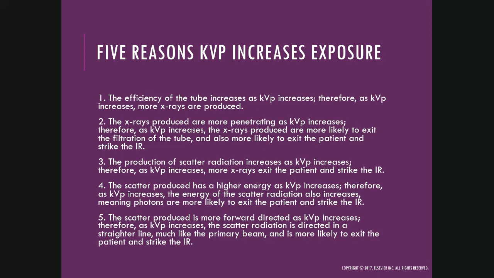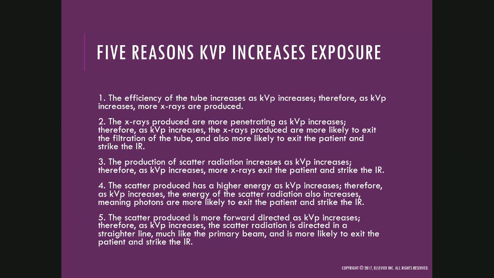Now, I mentioned a while ago, whenever I planned out this course, I decided to put scatter control in front of chapters 6, 8, and 9 because I feel like you have to understand what's happening with scatter before you really understand what's happening with your techniques and with what you're setting and what happens inside your patient and ultimately what happens to your image receptor.